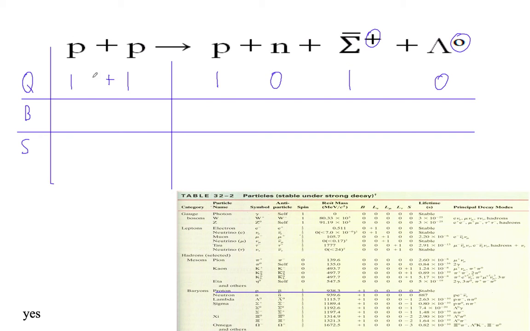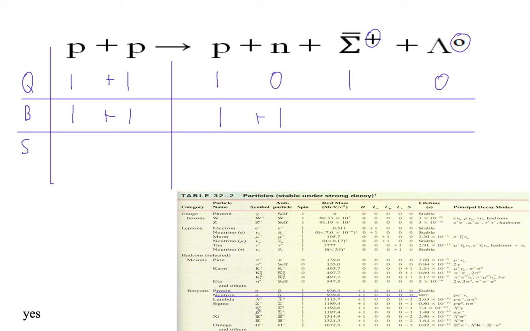Let's look at baryon number. So protons are 1. We also have a neutron in here, right? And neutrons are also 1. Right, so baryon number, we've got 1 and 1, and a proton is 1, and that's 1. Let's look at this. This is an anti-sigma plus. Let's find that.